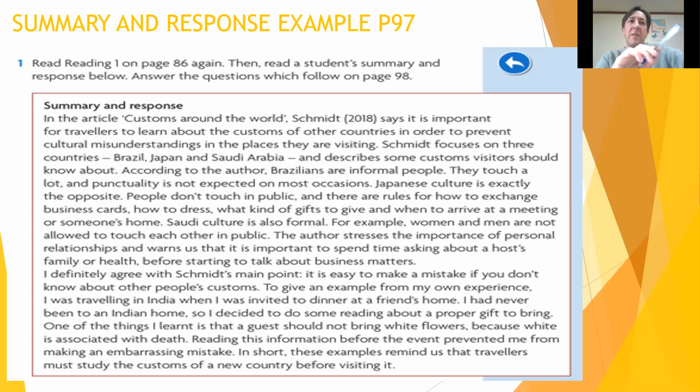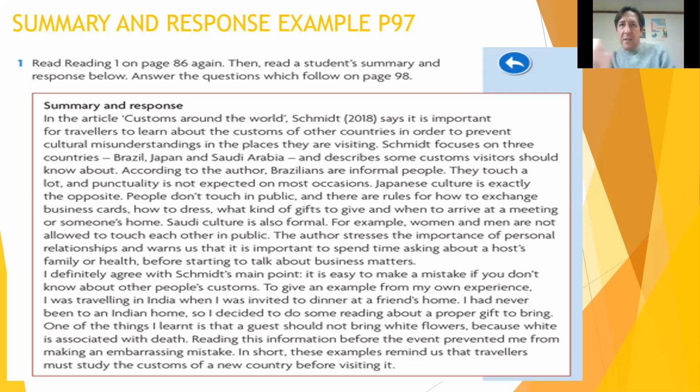Right, so the very first sentence, you have to tell us the name of the article and the name of the writer and the date. And then you are summarizing the main idea. After that, you can go on to summarize the details.